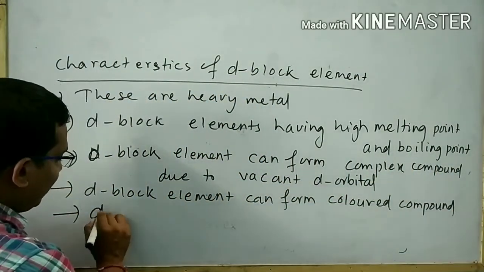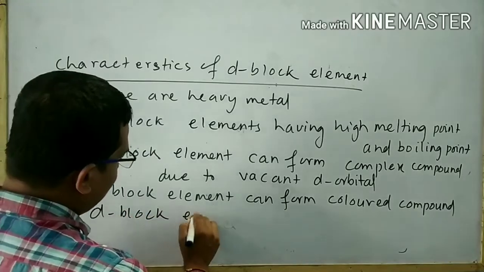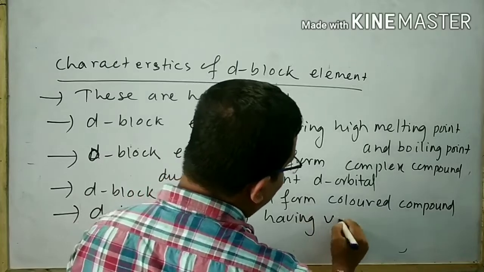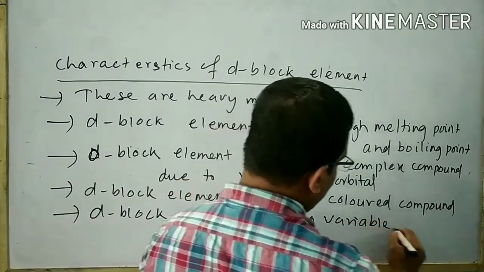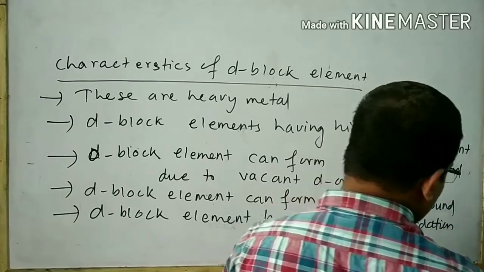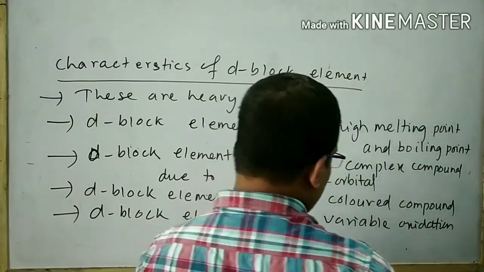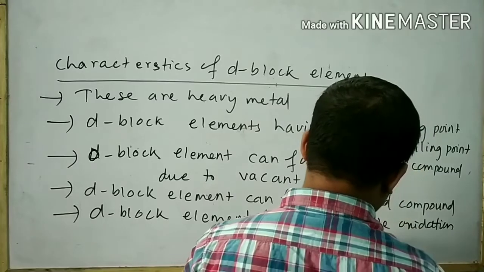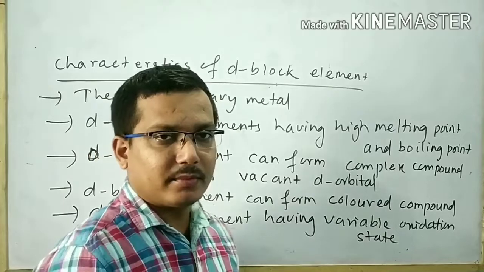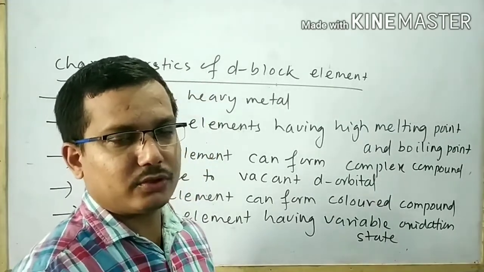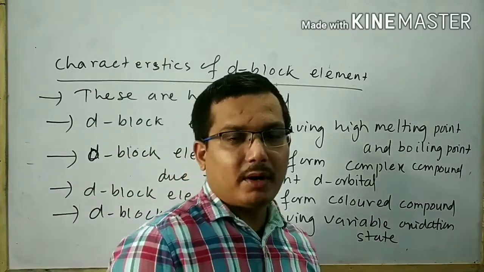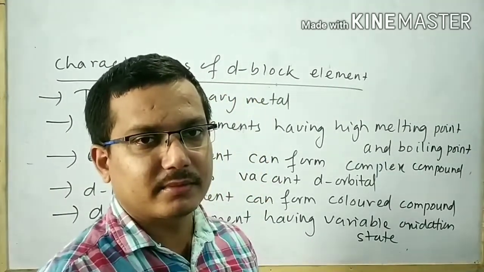D block elements have variable oxidation states, meaning more than 2 oxidation states. For example, copper +1, +2. This is all about the d block elements.